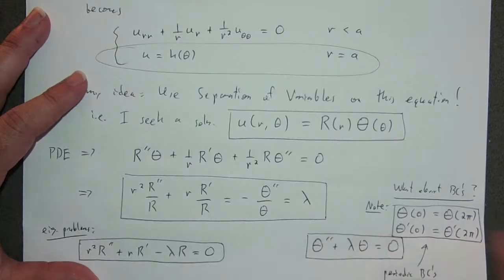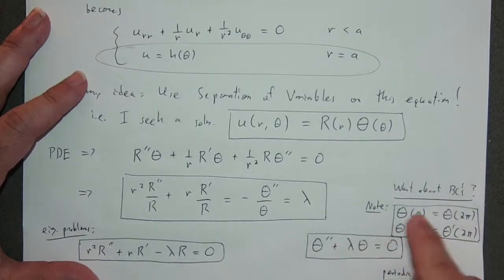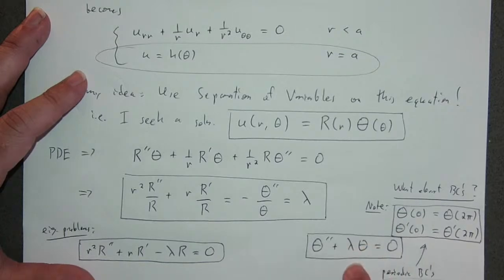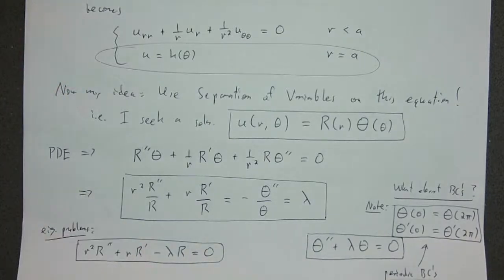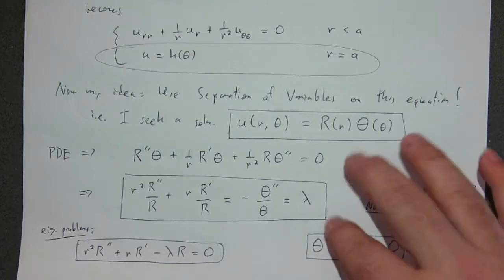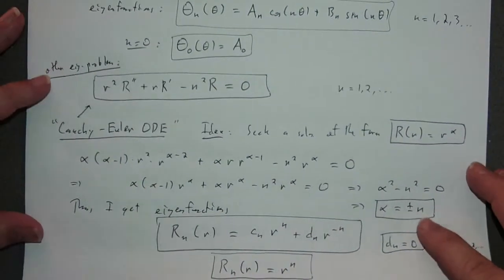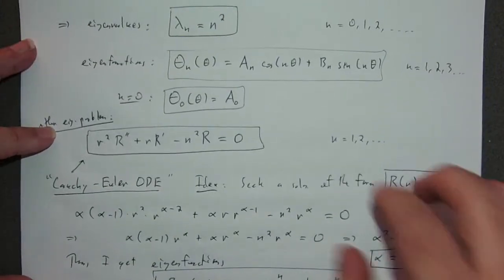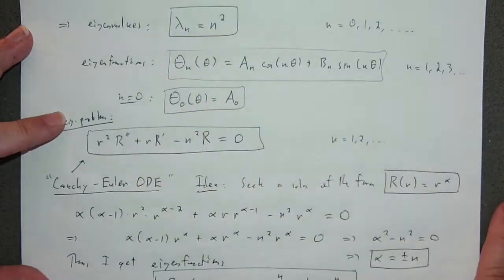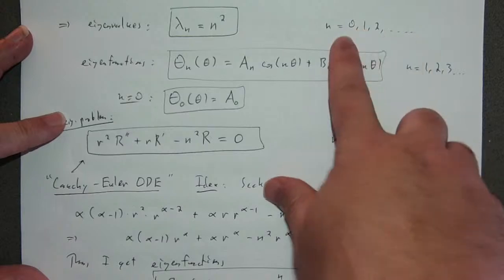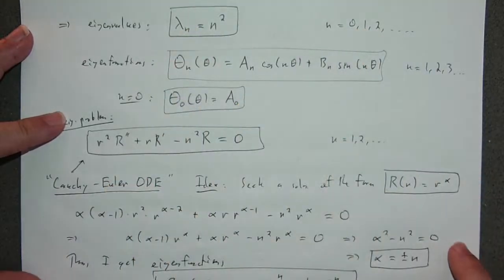In fact, directly from that, what was the solution to this? We solved this eigenvalue problem first to find lambda, and then we will later put that same lambda over here to solve this eigenvalue problem. So doing that, solving this eigenvalue problem, led us to find that the eigenvalues in this case were n squared, where n is 0, 1, 2, and so on, so 0 is an eigenvalue here.